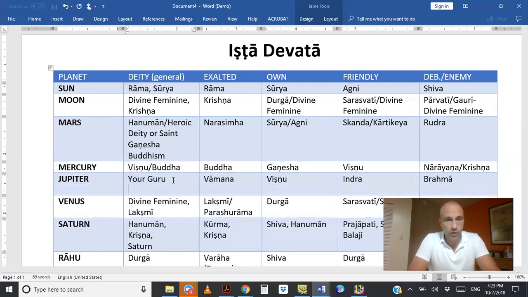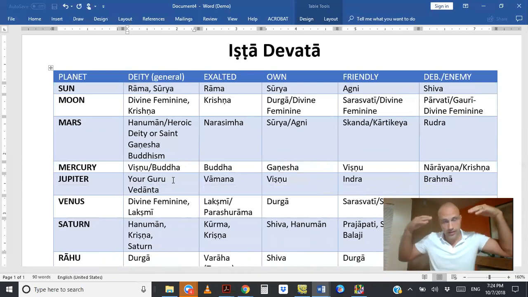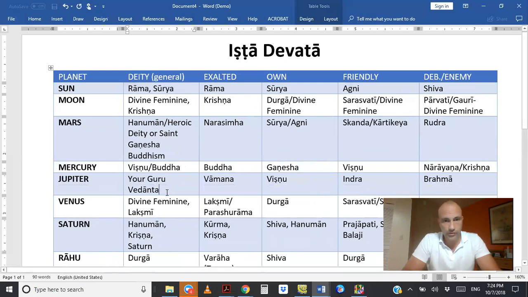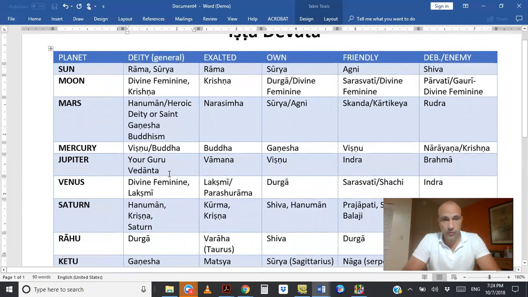From one level of pure devotion to your guru to Vedanta, which is absorption into the divine, the cosmic consciousness, for which a guru is necessary, and you understand that the guru is your gateway to pure consciousness. Okay, so Vedanta is another path associated with Jupiter and can go all through each one of these columns.